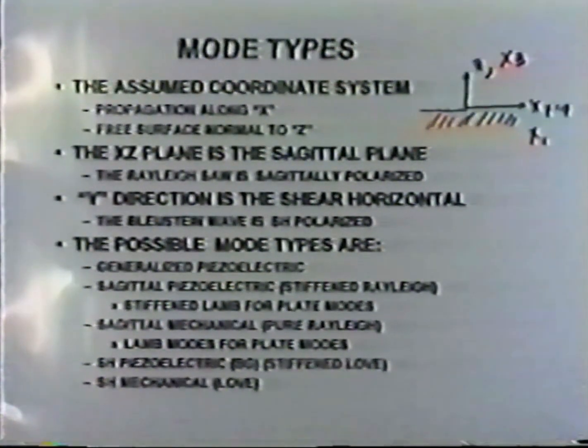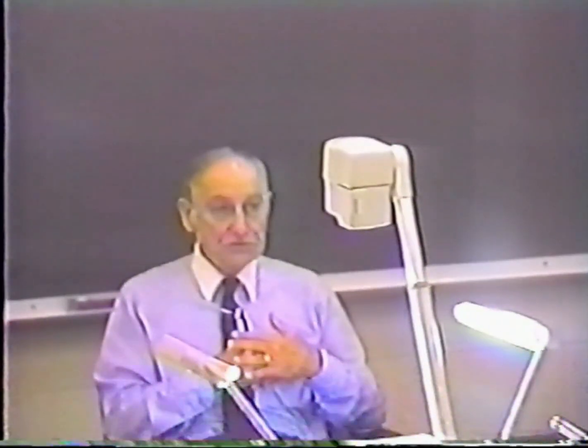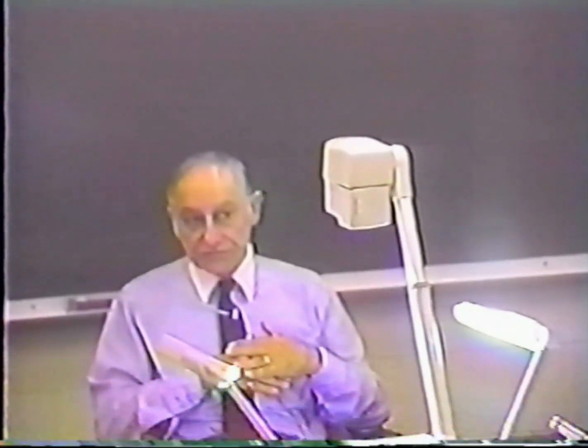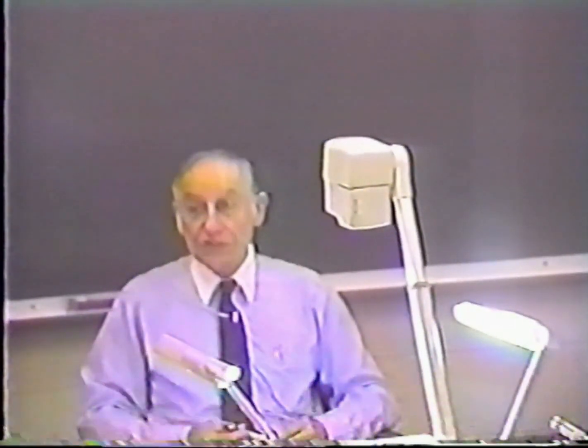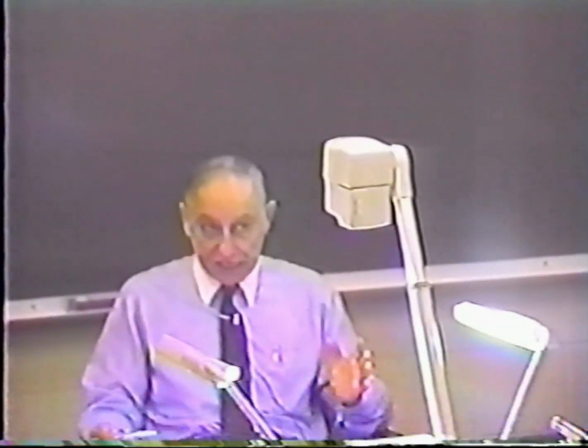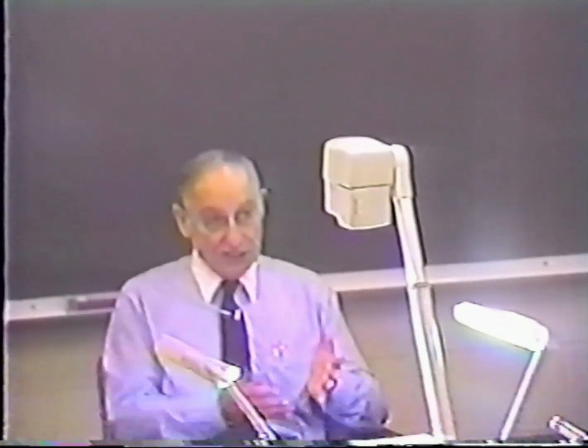So that's back to the question Jackie raised a moment ago. When I do this formulation, the first thing I do is take a list of all the materials being used, how they're oriented, and rotate all their constants so that everything is referred to the same coordinate system. Then I can construct the A matrices for each layer and proceed with whatever computational things I am trying to do.